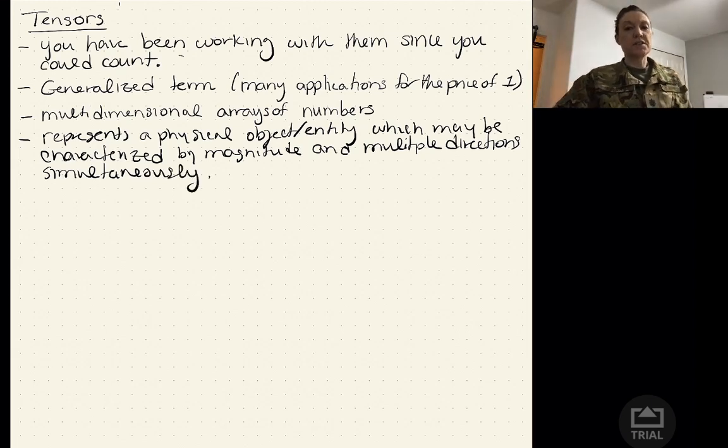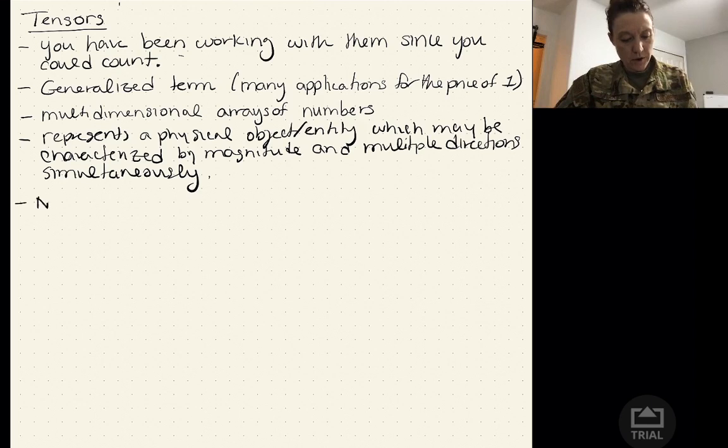And if you're starting to think that perhaps this might have something to do with a vector, you would be correct. A vector is actually one kind of a tensor. Again, like I said before, we need to be able to distinguish which tensor we're talking about.